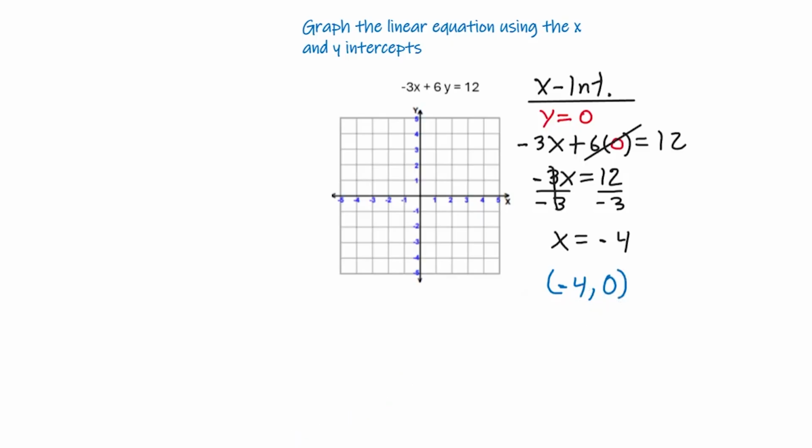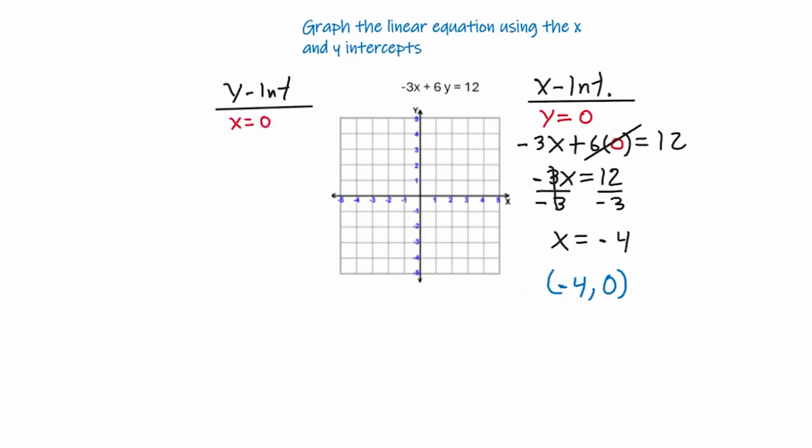Then after this, you need 2 points. This is only 1 point. The next point is by finding the y-intercept. And like I told you before, you have two variables. If you're gonna find the y-intercept, then the other variable, which is x, has to be equal to 0.